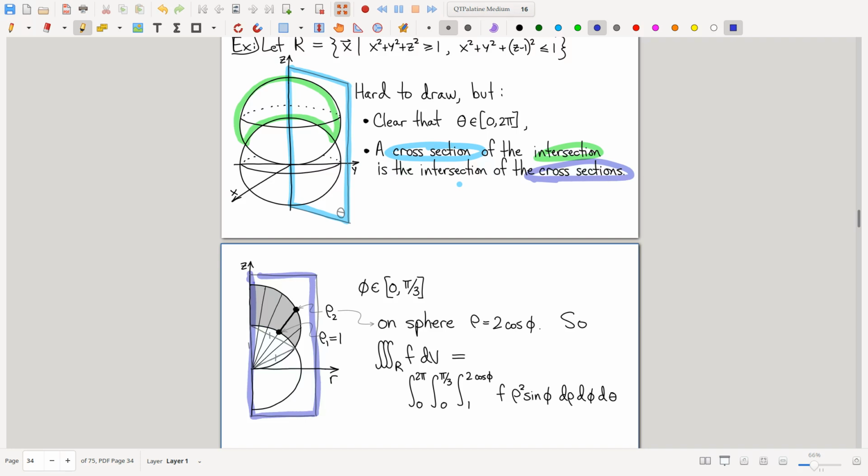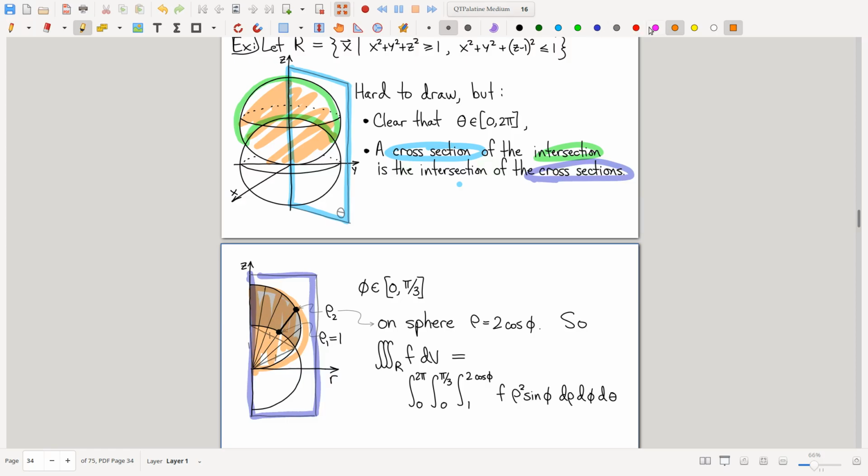And what happens when I take a theta cross section of this top ball? Well, that's just a ball. A theta slice of a ball is a half disc. That's easy to draw. Effortless even to draw.